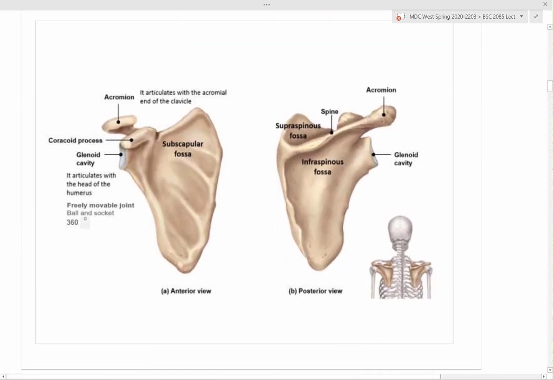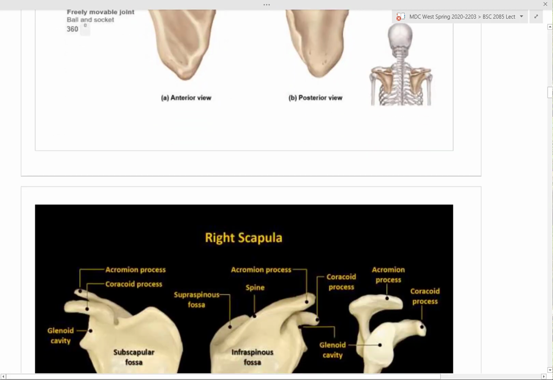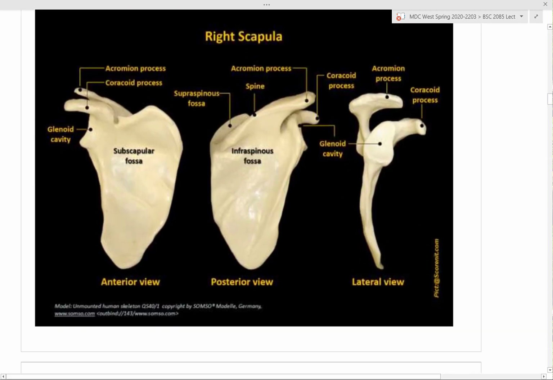And then of course, you have your scapula. What do you need to know about the scapula? That is part of your pectoral girdle. Know that the scapula has a spine. And if you see these weird words, acromion or coracoid process or glenoid cavity, know that's part of the scapula.